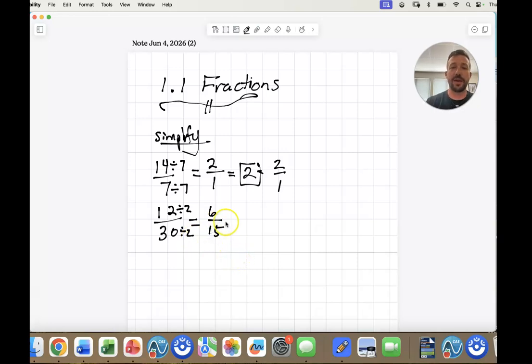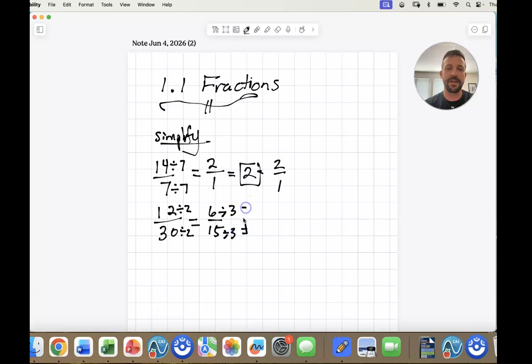Okay, now at that point, I've simplified it. Yeah? But maybe it can go further, so I need to keep checking. So I look at that number. Is it divisible by 2? In this case, yes, 6 is divisible by 2, but 15 is not. So I check the next one. Is 6 divisible by 3? Yes, it is. Well, let's check 15. 15 divided by 3, yes, that's also divisible by 3. So I'm going to divide each one of them by 3.